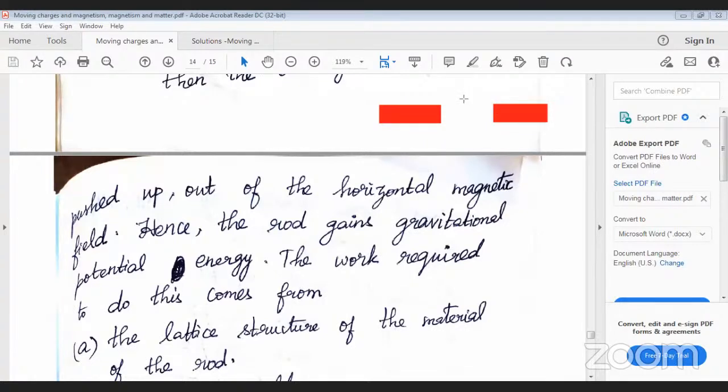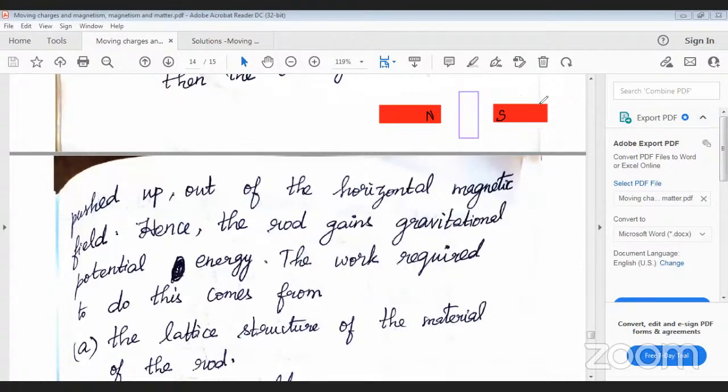Electromagnet means it will gain magnetism only when you switch on the current. And you have a diamagnetic rod. So I am drawing the diamagnetic rod like this. You have this diamagnetic rod, and this is north pole and this is south pole.